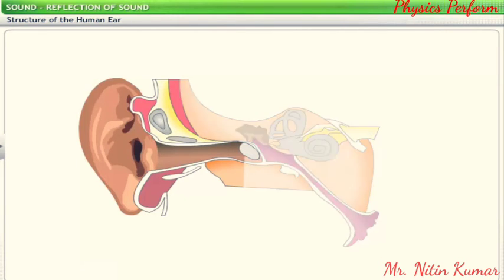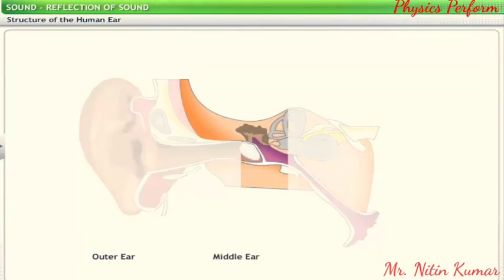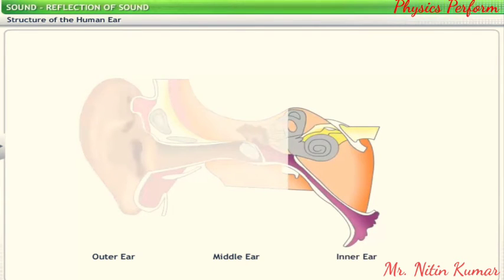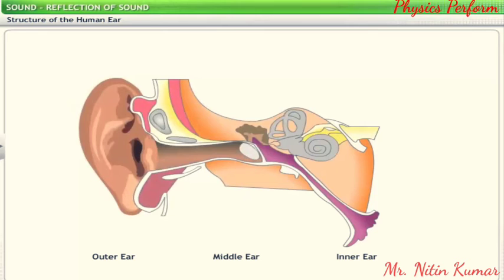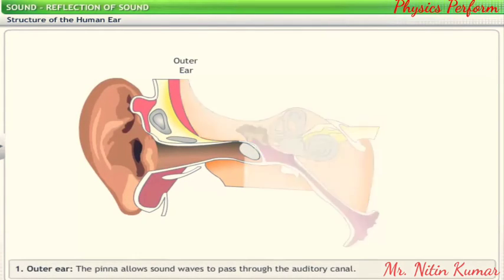The human ear is categorized into three main parts: the outer ear, middle ear, and the inner ear. Let's see how these parts work together to produce the sensation of hearing. The outer ear, called the pinna, allows sound waves to pass into the ear through the auditory canal.